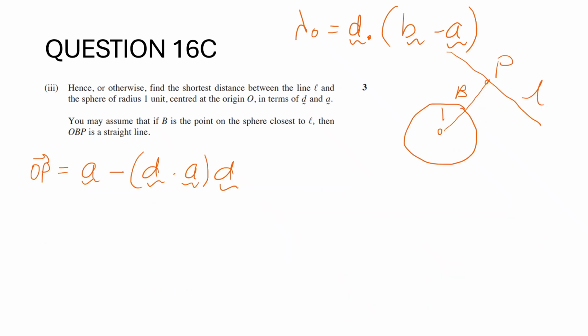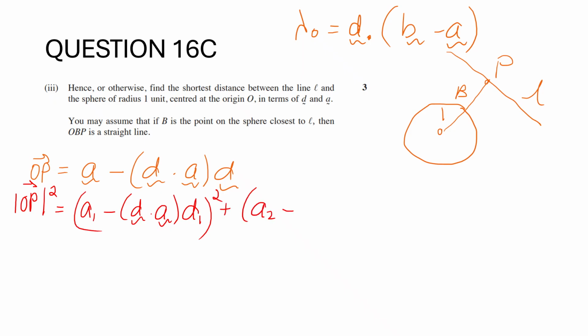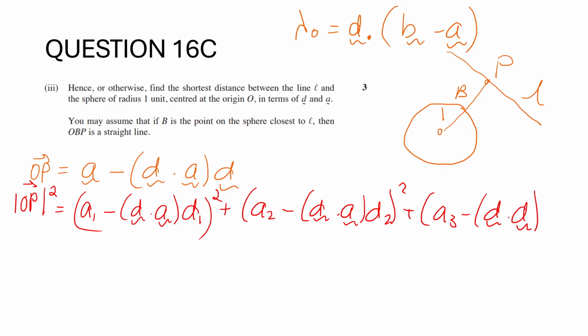Now we need to work out the length of OP. I'm going to do OP squared is equal to, and I'm going to go partially into component form. A1 take away, I'm just going to leave this dot product alone, D dot A times D1, all squared, plus A2 take D dot A times D2, all squared, plus A3 take D dot A times D3, all squared.